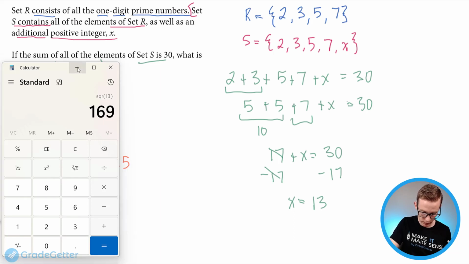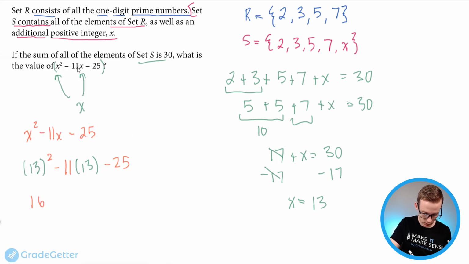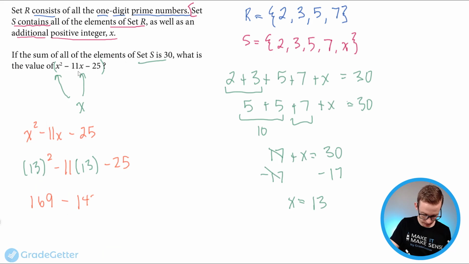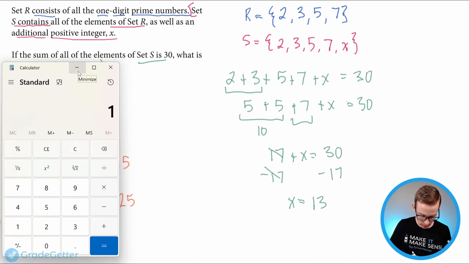Yeah, 13 squared is 169, so 169 minus 11 times 13, I'm going to plug that into my calculator as well. 11 times 13 is 143 minus 25, and again I'm going to plug this into my calculator, make sure I don't make any errors.